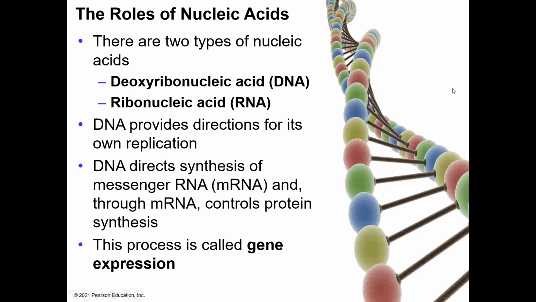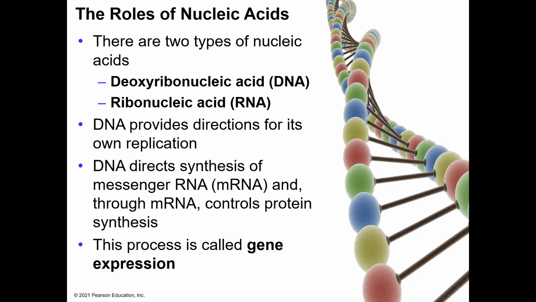What are the roles of nucleic acids? There are two types of nucleic acids. There's deoxyribonucleic acid, commonly called DNA, and ribonucleic acid, commonly called RNA. DNA provides the directions for its own replication, and DNA also directs the synthesis of RNA.